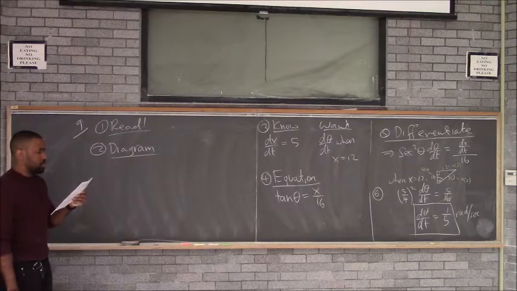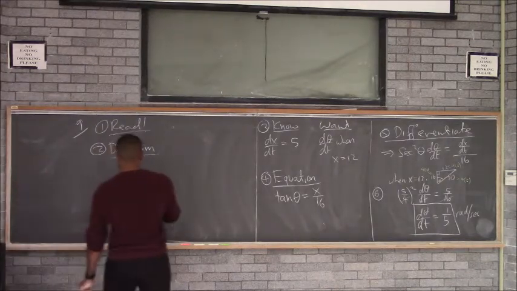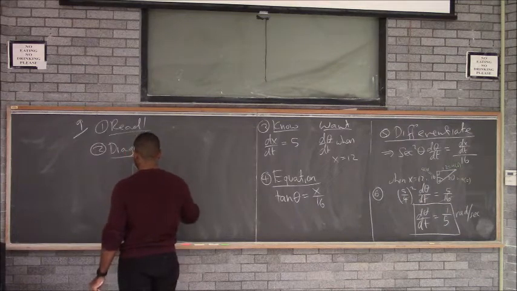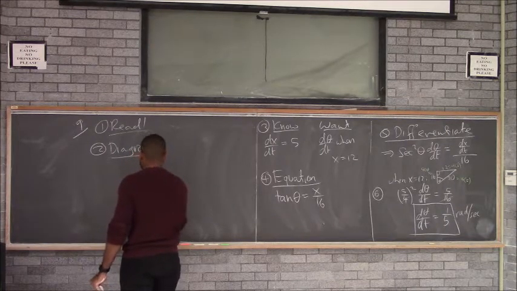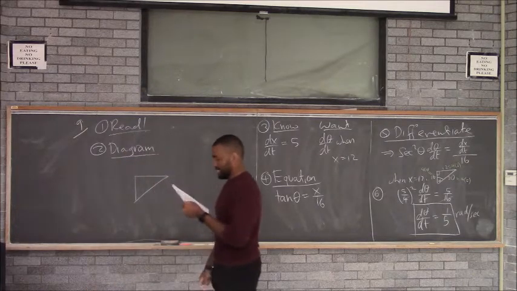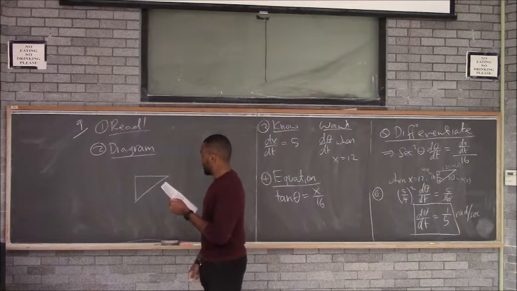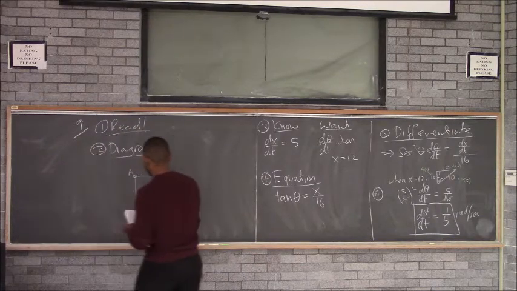What did your diagram look like here? A right triangle, like A at the top. Just rotate that shape 90 degrees. So A was the top left corner, ship A, and ship B was the top right.